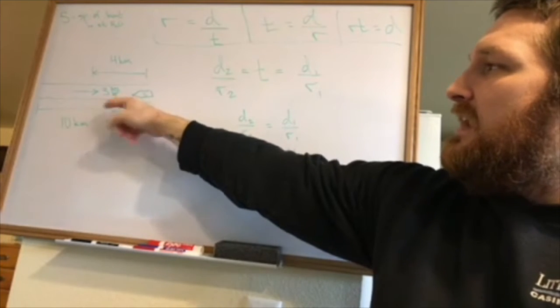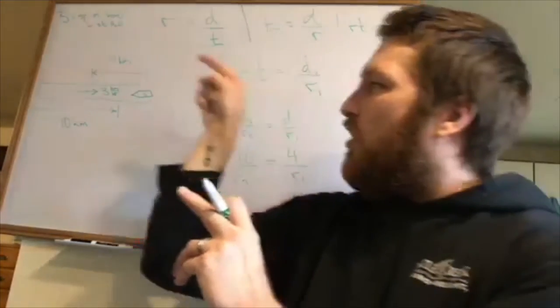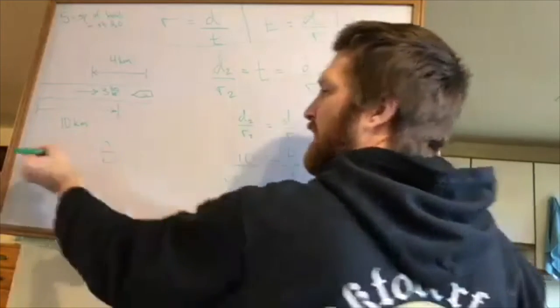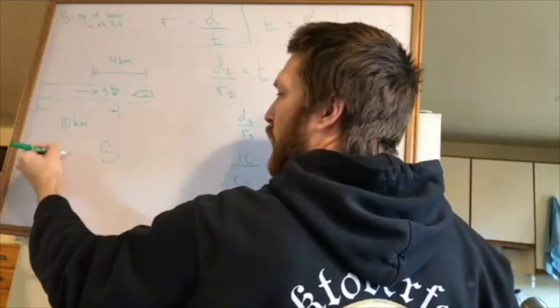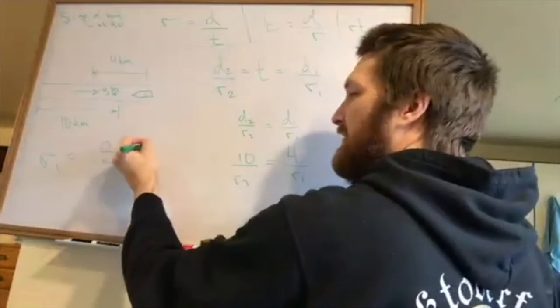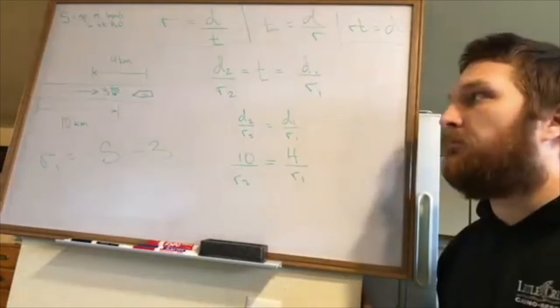So we could say the rate when I'm going in that direction is whatever my speed is, but minus 3 kilometers per hour. Does that make sense?